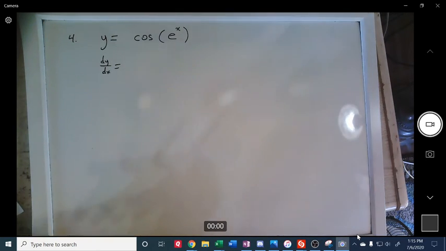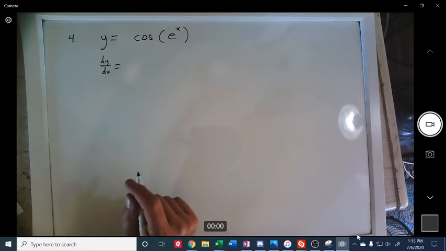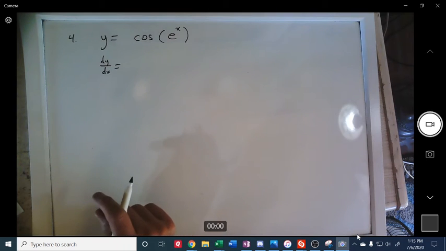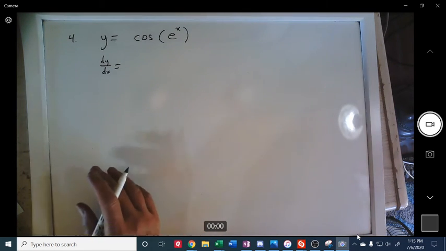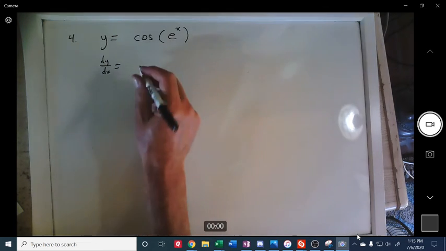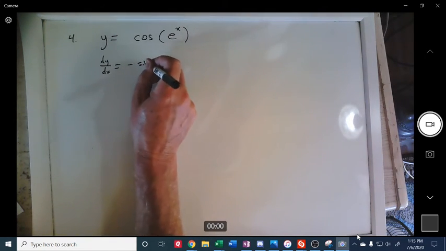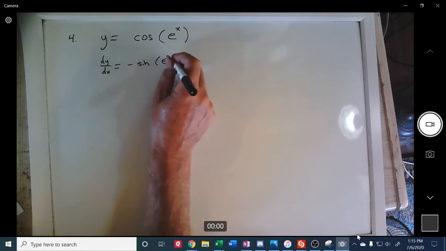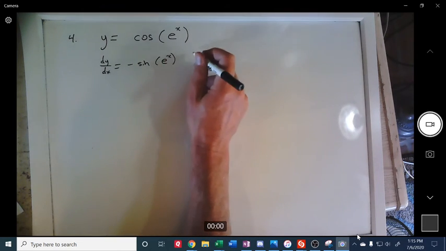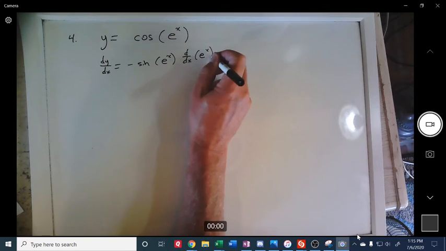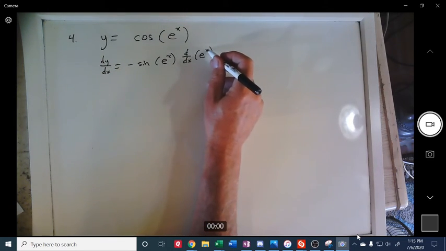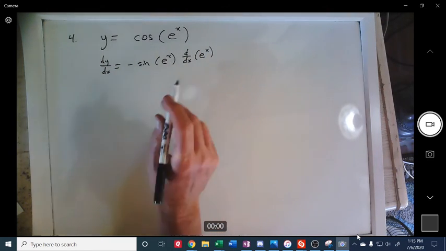All right, so the outermost function here is cosine. And if I'm taking the derivative of cosine of something, I'm going to get negative sine of that same something. Then I have to tack on the derivative of everything else, but not the outermost function.